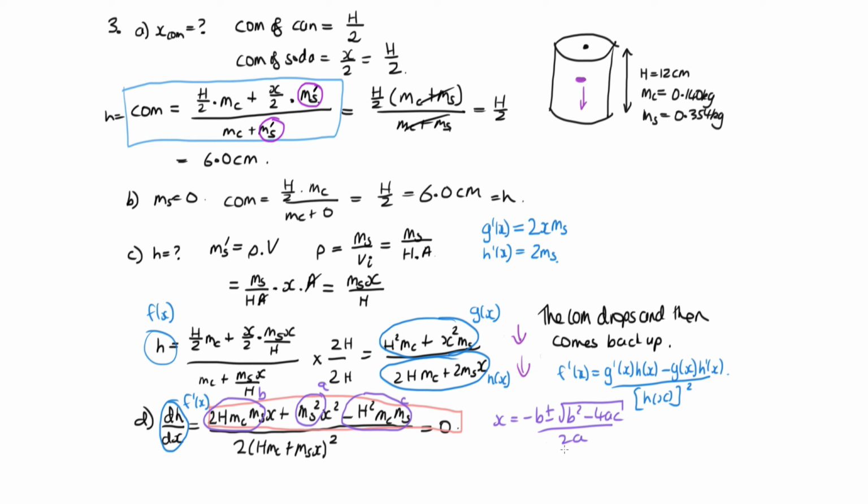So we can substitute these terms in and simplify, and we end up with x equal to the mass of the can times the height of the can over the mass of the soda, times minus 1 plus the square root of 1 minus mass of the soda over the mass of the can.